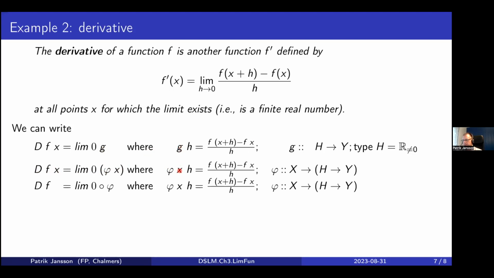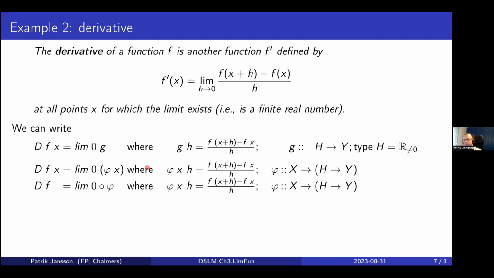So now we have x as an argument, but the fact that it's phi of x in the limit computation means that x will not change when we take the limit. Only h will change. Okay, and if you look at the types to make this work out, it means that phi takes an x and returns a function from h to y, a function we can use in the limit computation.